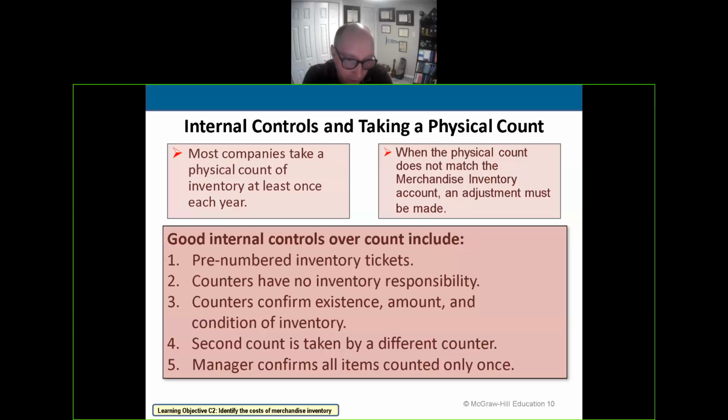So I might have one person receiving inventory from the vendor, separate from the person who's counting the inventory, who's also separate from the person who is making the sales. You know, separation of duties. These are methods for internal controls.